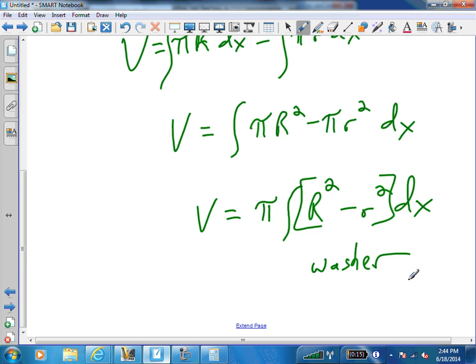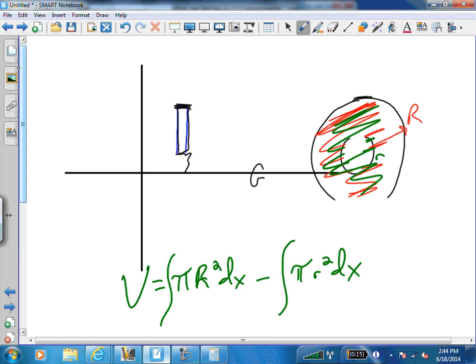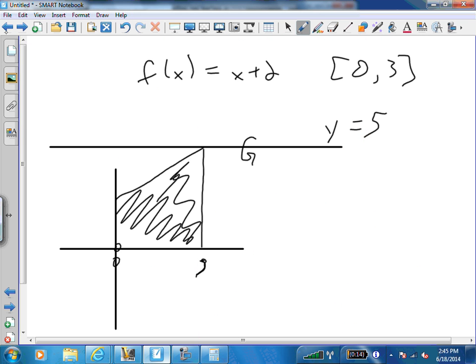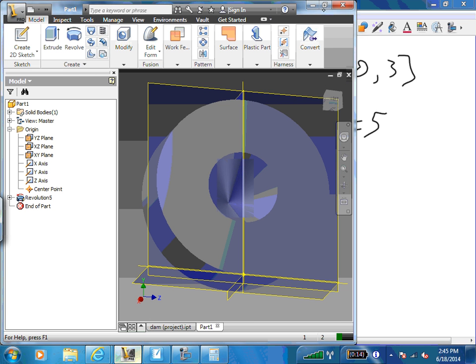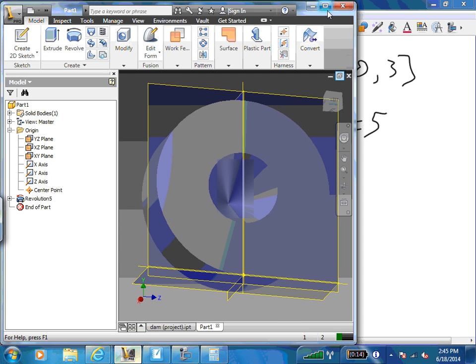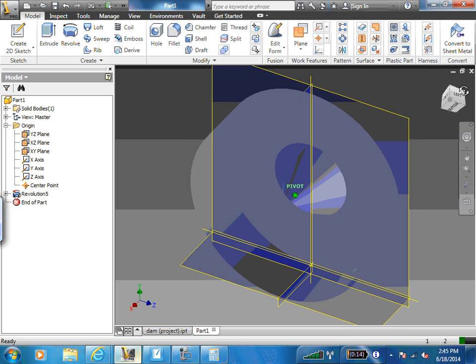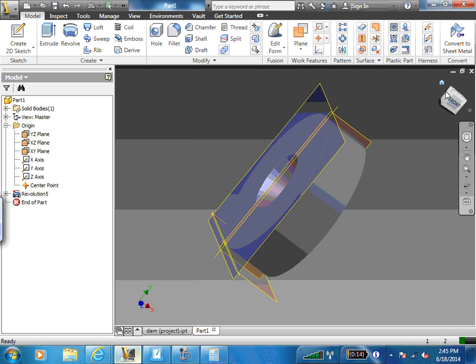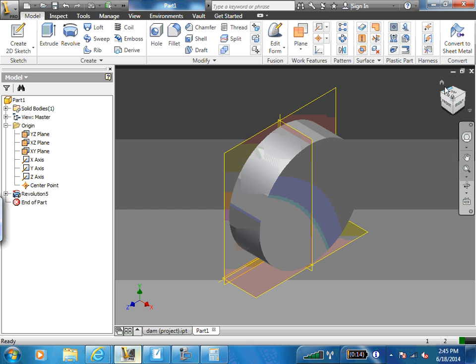So if we think about our figure, let's think about this in two pieces. Our outer radius, if we were to rotate this whole thing, notice that our outer radius doesn't change. It's the same throughout the entire thickness.